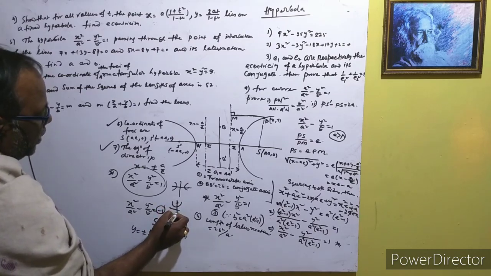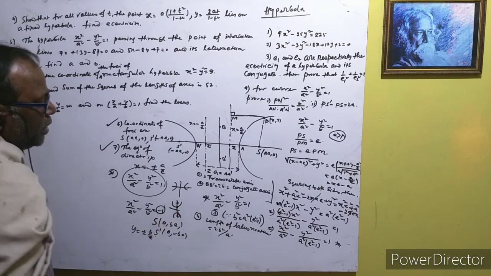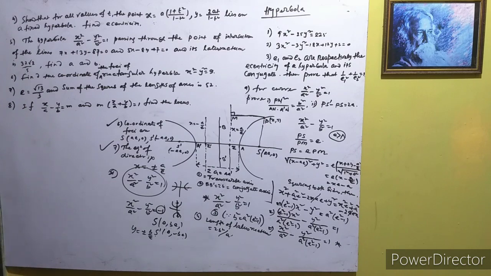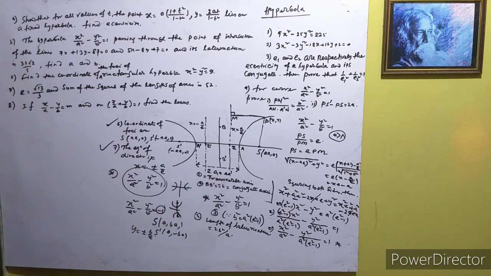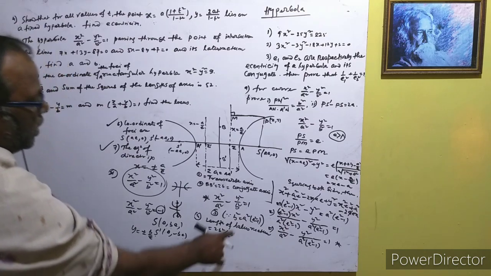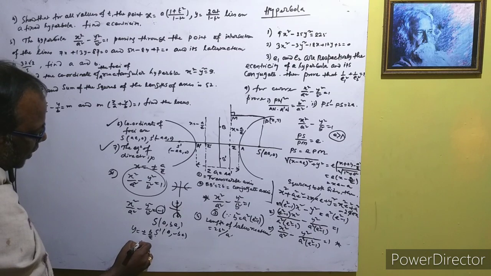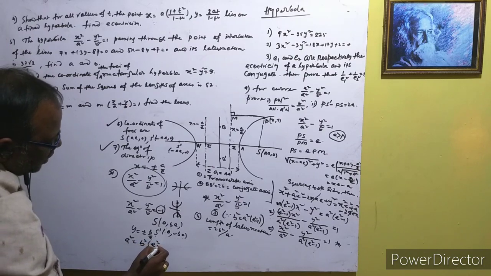Here b and b dash, and the length between them, twice b, is the transverse axis. Okay, not major axis, transverse axis. Now another point, the relation between b, a and e: b square is equal to a square into e square minus 1.